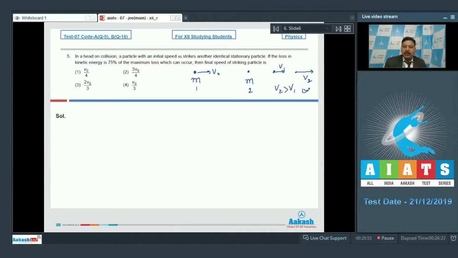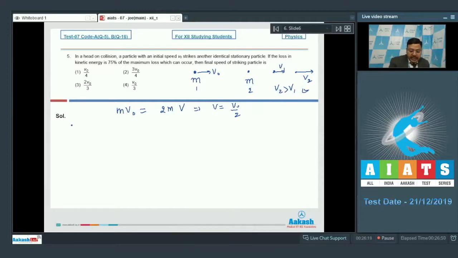So let's look at the loss of kinetic energy in that case. Conserving linear momentum, mv0 equals 2m, because both particles will have the same velocity, into, let's call it v, the final speed, and this gives us v is equal to v0 by 2.